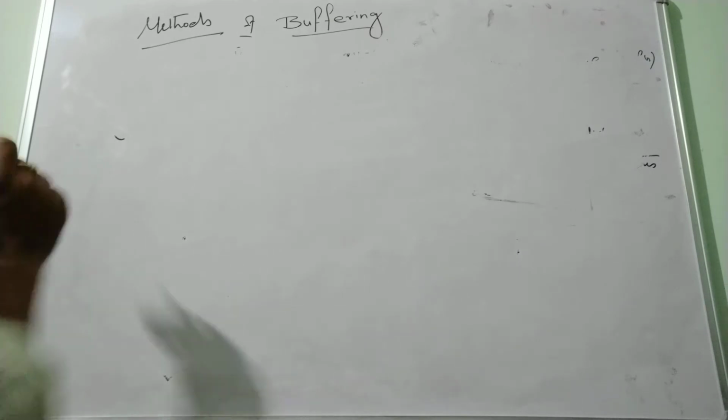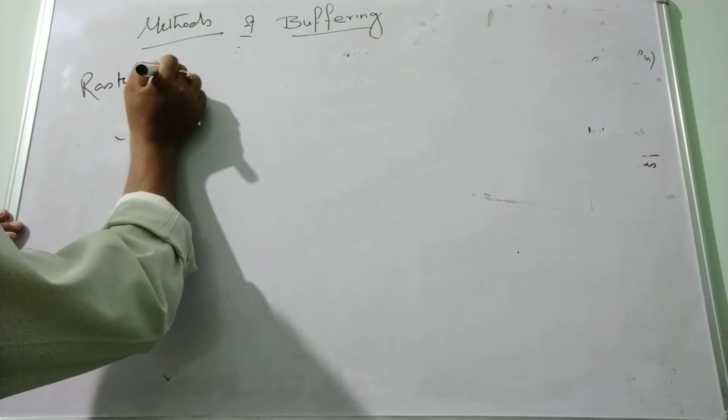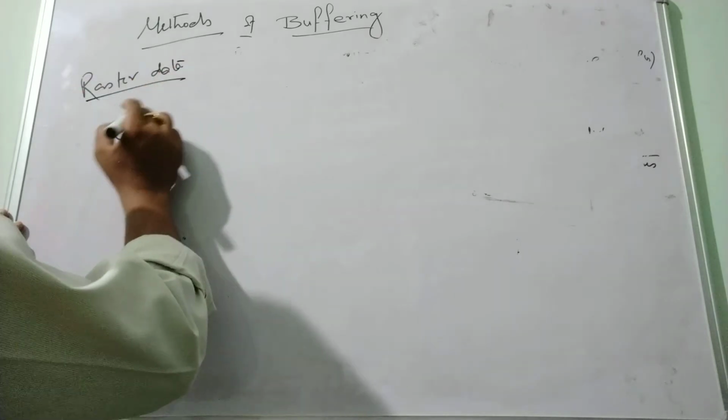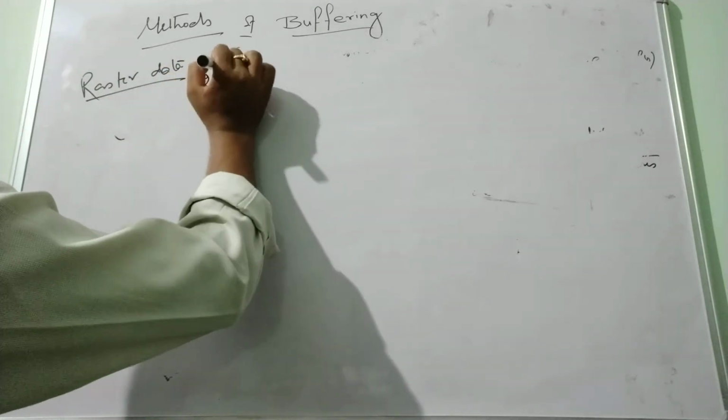We also create the buffer in raster data. When you are creating the buffer zone of a point, line or polygon features of raster data, by measuring its physical distance, it uses the row and column in measuring the physical distance for the raster data.